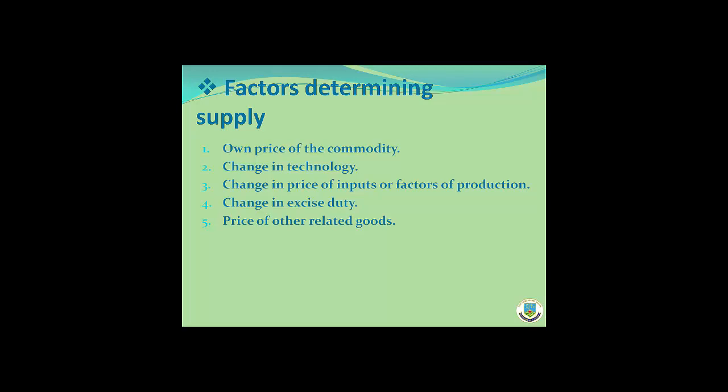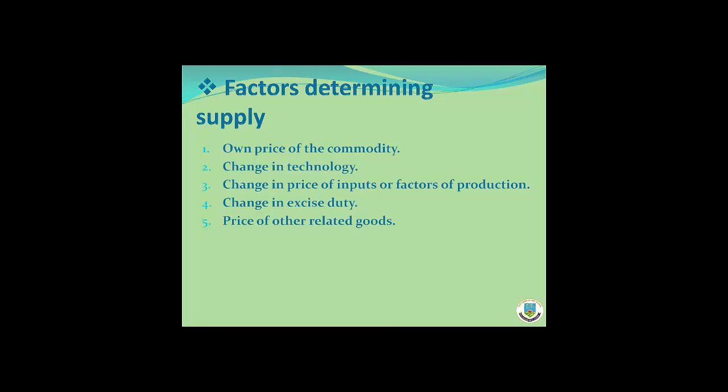This leads to a drop in the supply of goods having a lower price. So suppliers will try to supply more goods and services that have a higher price, which will lead to a decrease in the supply of goods having a lower price.